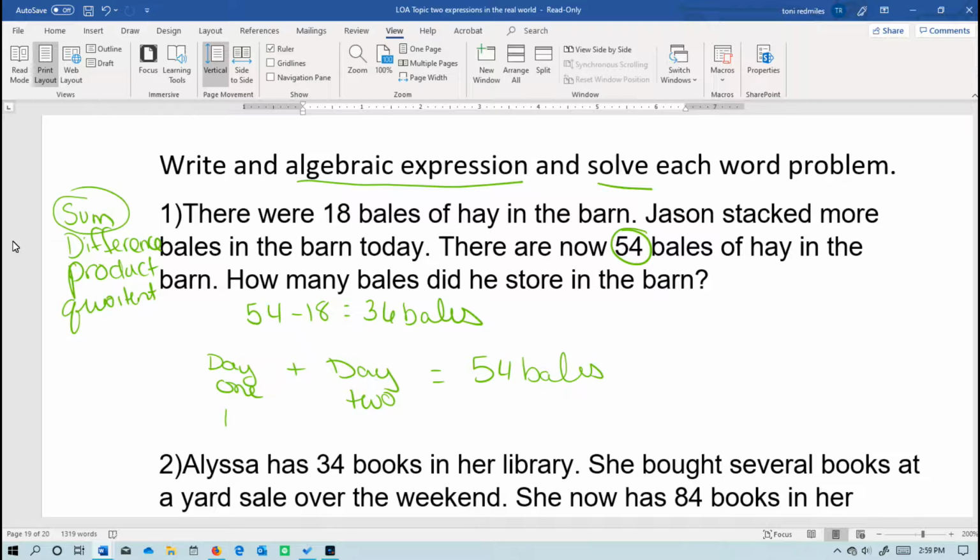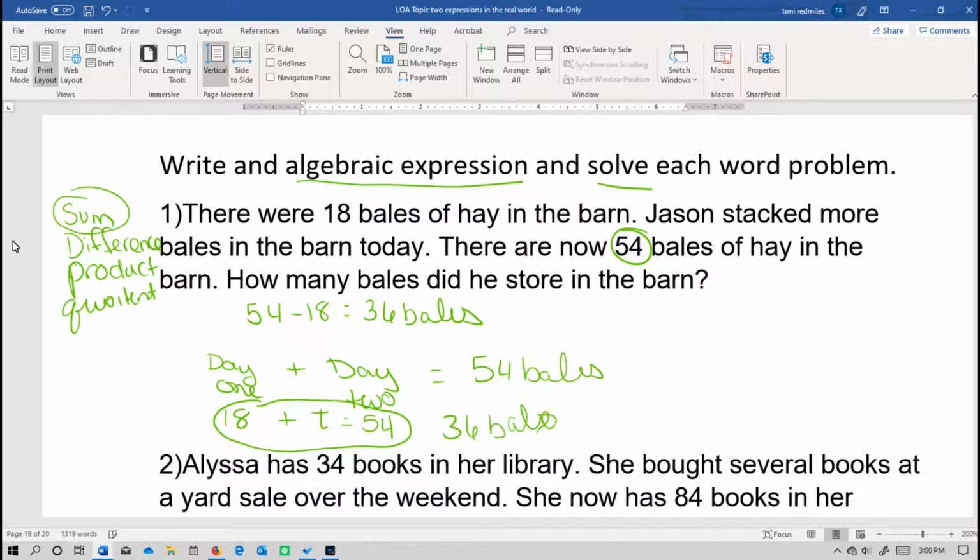And I also know what day 1 is. Day 1 was 18 bales, right? Plus day 2, which I'm just going to put a T in for, equals 54 bales, okay? And there would be your expression, which we already know from our common sense way is 36 bales.